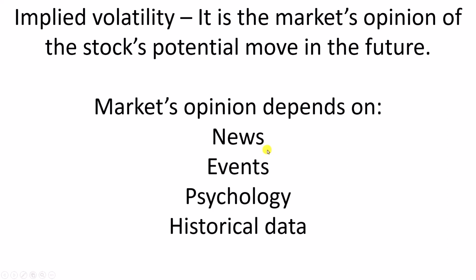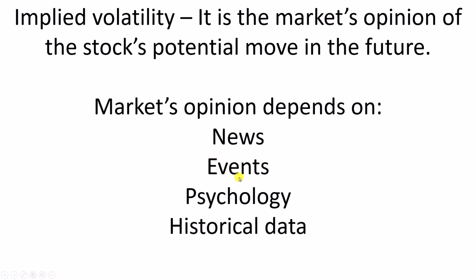Okay. Or next month. So, how much may it fluctuate next month? So, the market's opinion depends on that. The company may be venturing into a new sector next month. So, according to that, there will be an opinion. That also affects the implied volatility.